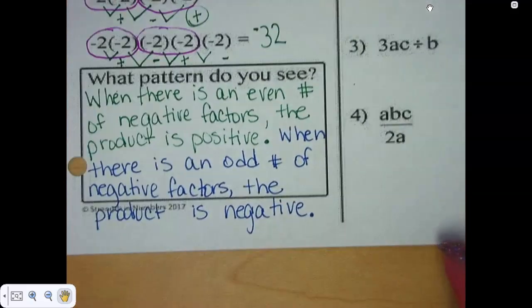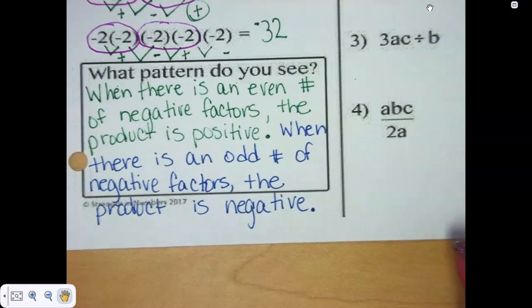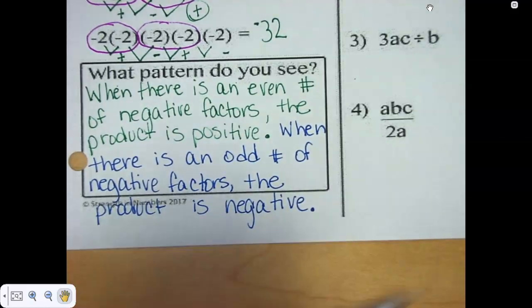Make that bigger. When there is an even number of negative factors, the product is positive.